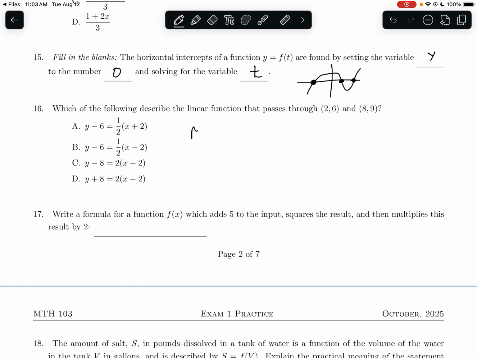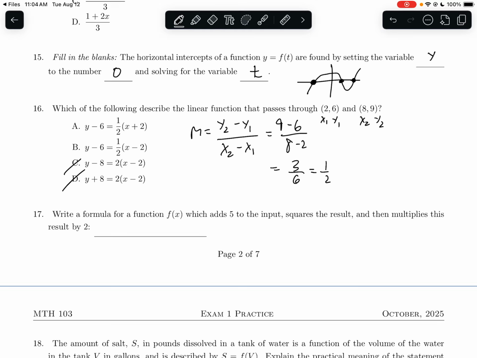So the slope between the 2 points, remember, is y2 minus y1 over x2 minus x1. It doesn't matter which order you pick them, you just have to be consistent. So 9 minus 6 over 8 minus 2 is 3 over 6. And so the slope is 1/2.